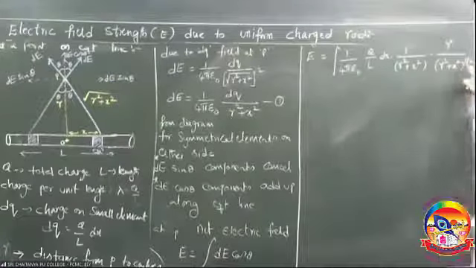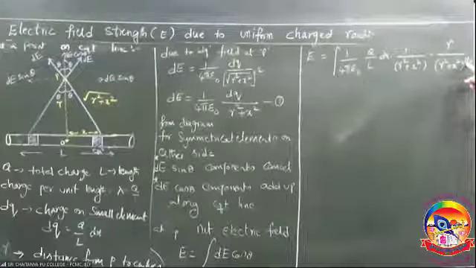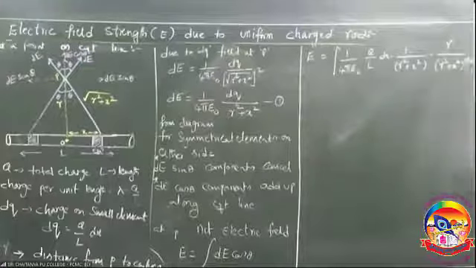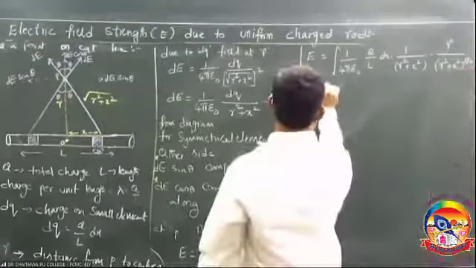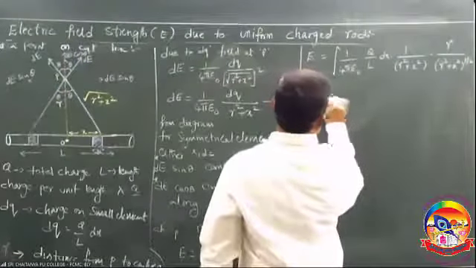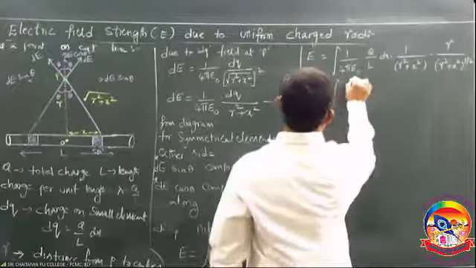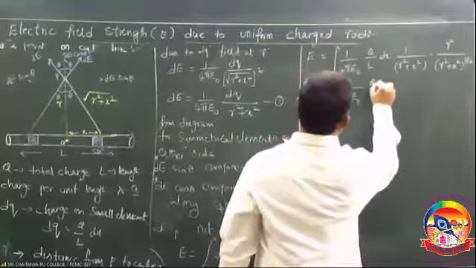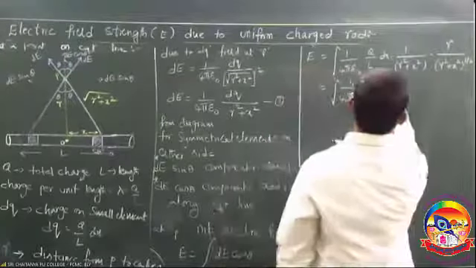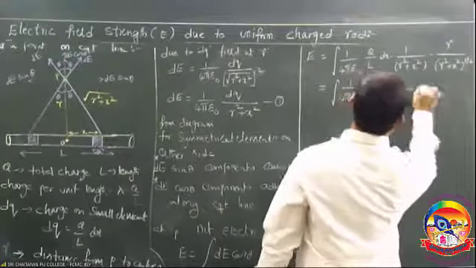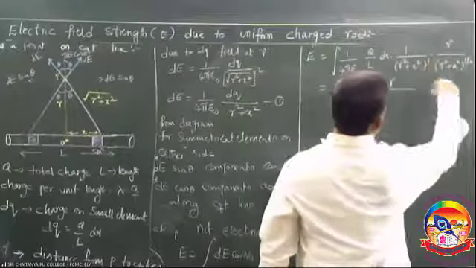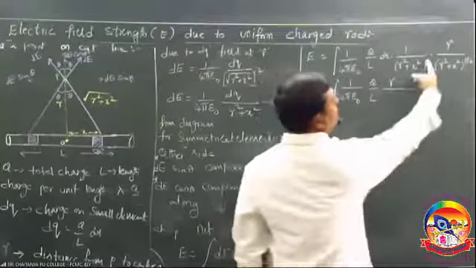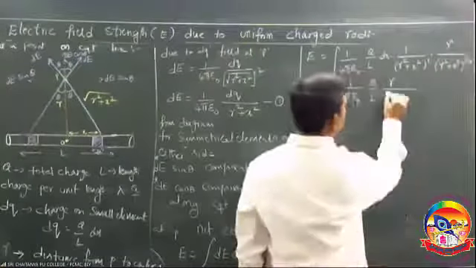Can I write it like this? Root over means power half. Then it comes as integral 1 by 4 pi epsilon naught Q by L, r by, this is power 1, this is power half, 1 plus half, 3 by 2.